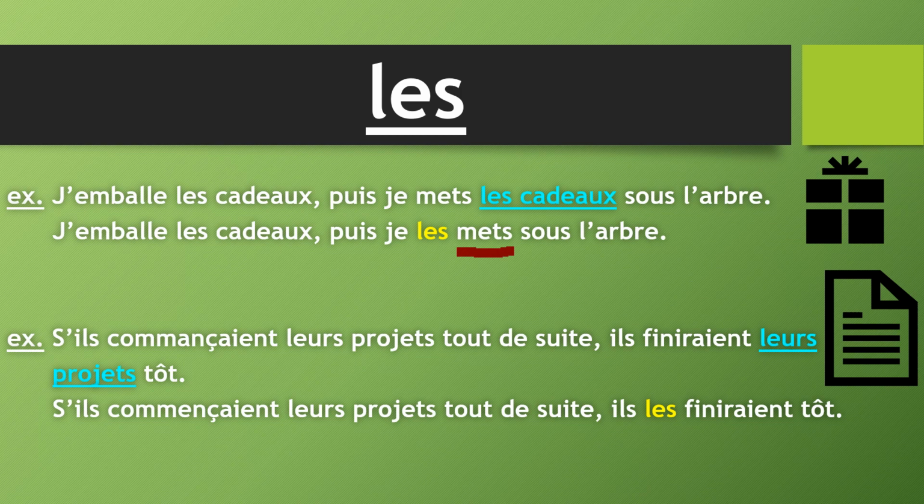S'il commençait le projet tout de suite, il les finirait tôt. If they started their projects right away, they would finish them sooner. Again, there's only one verb in the second half of this sentence, so the pronoun les would go right before it.